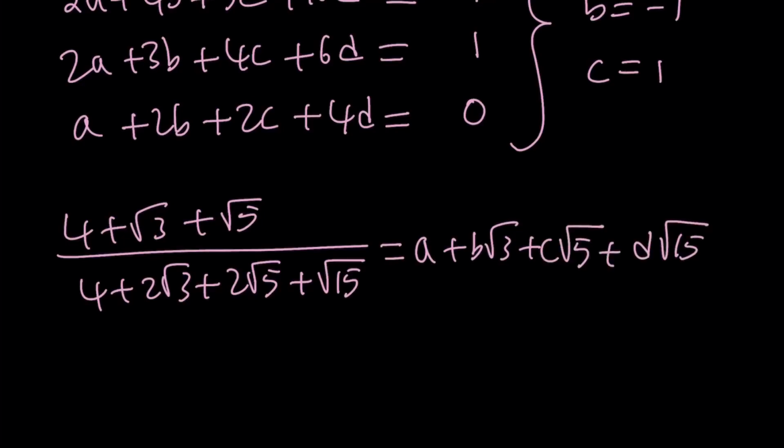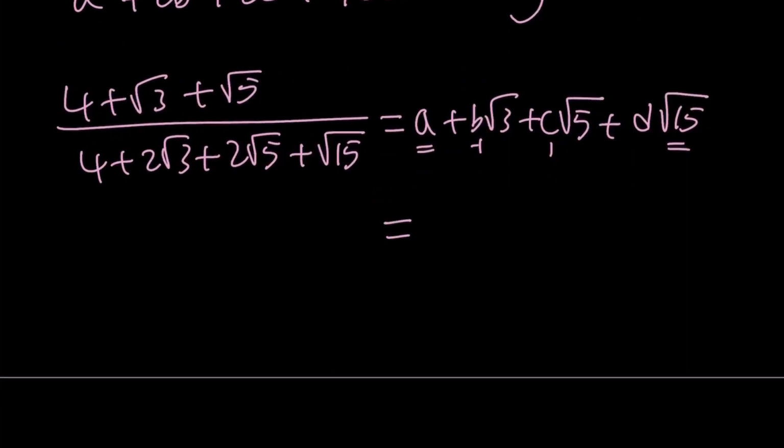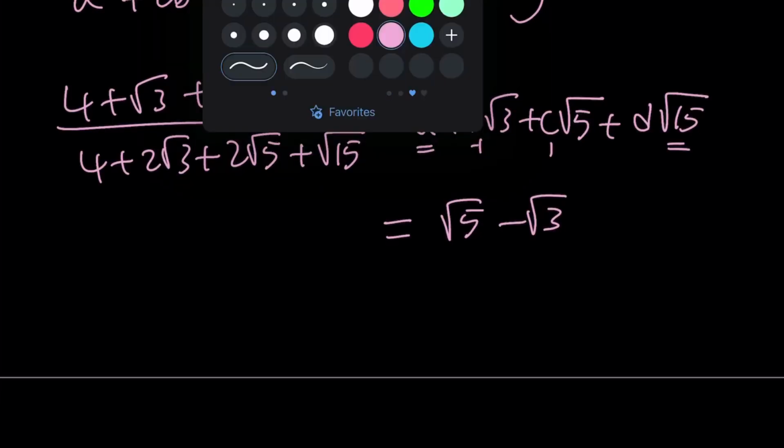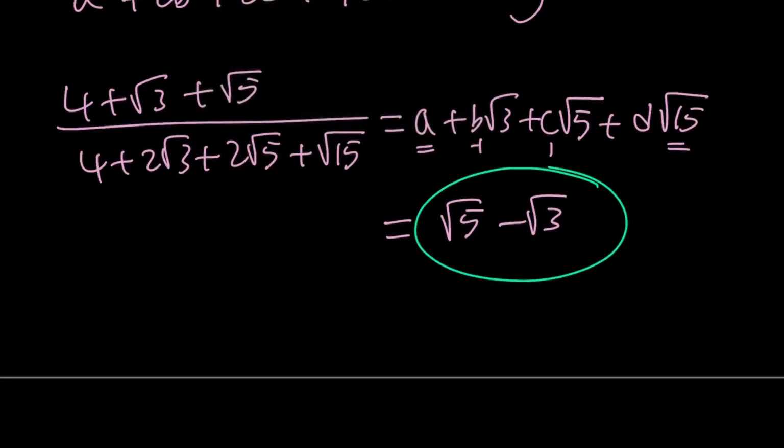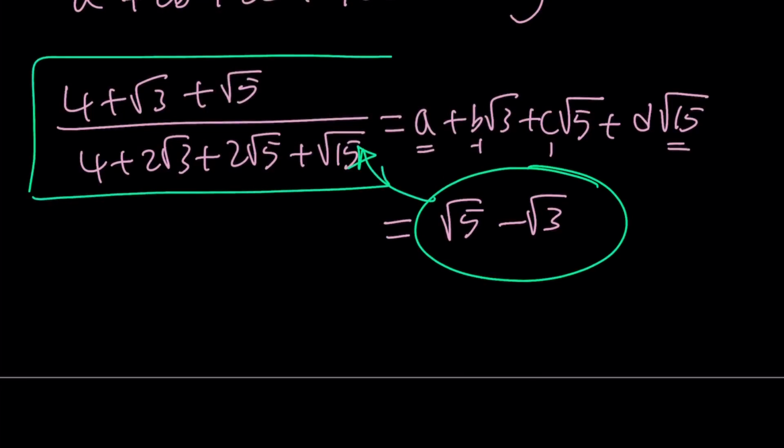Now a and d are both 0, so we're not going to write them. b is -1 and c is +1. Therefore, this expression can be written as root 5 minus root 3, which is the simplified form of this expression. It's kind of hard to believe looking at the expression, which looks complicated, but that's basically what it is. And the third method is going to make it actually more clear why we get this answer.